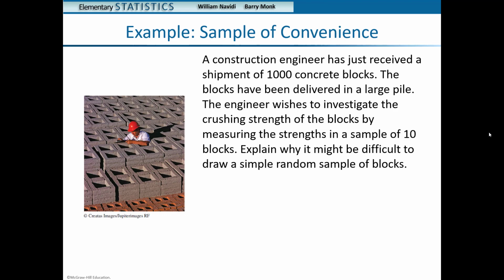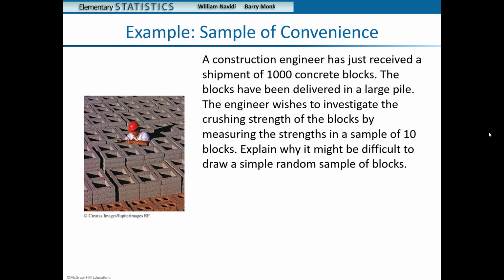So we want to explain why it might be difficult to draw a simple random sample of blocks. Remember that a truly randomized process means that every single block in the entire pile would have to have an equal chance of being selected to be part of the sample, right?